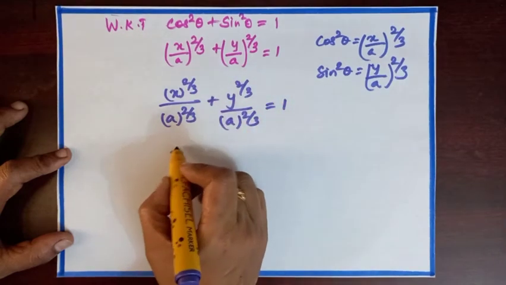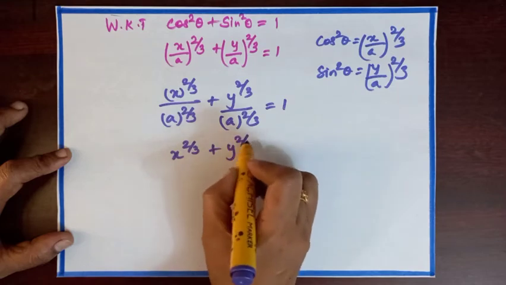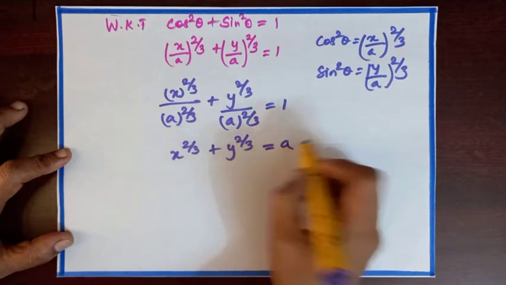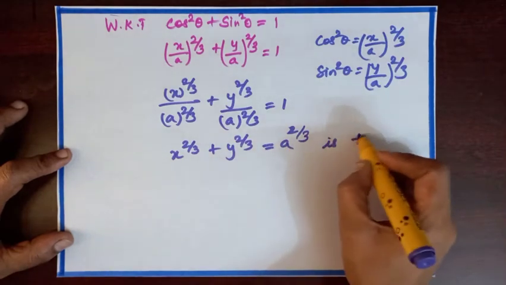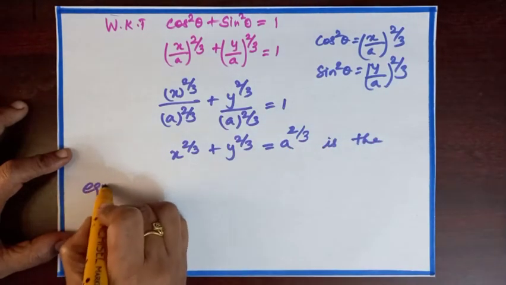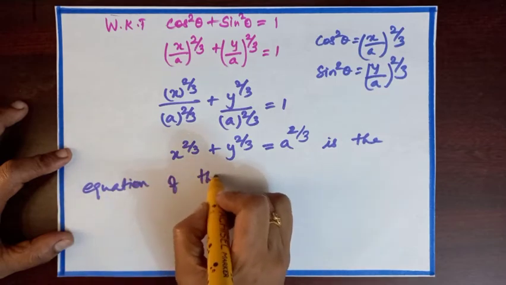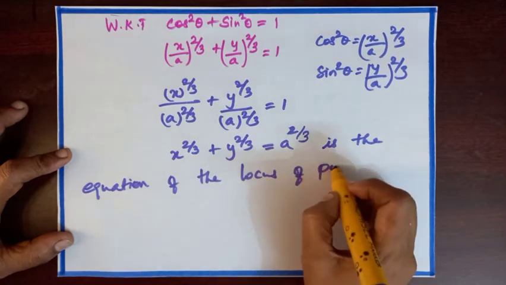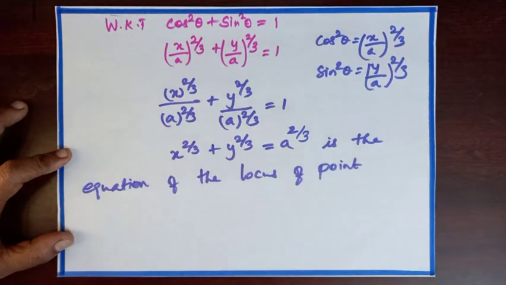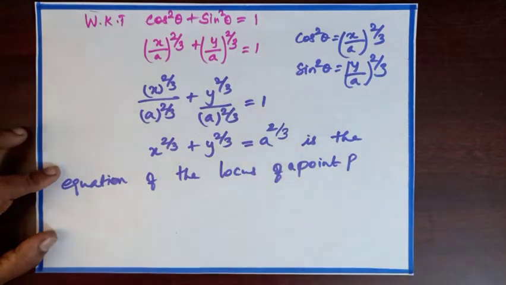Then we get x power 2 by 3 plus y power 2 by 3 is equal to a power 2 by 3, which is the equation of the locus of point P.